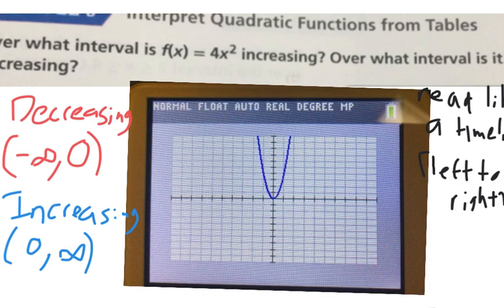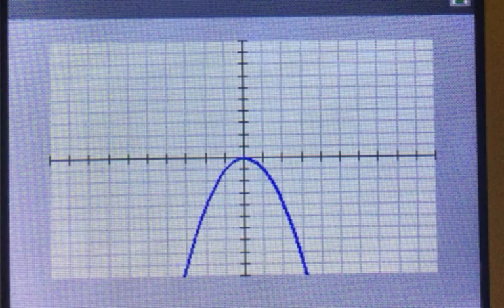This is going to be real confusing, but real simple. When I look at this graph, and I want to know where it is increasing and where it is decreasing, I'm just going to use I and D for short. Again, I have to read this like a timeline. So I'm going as far left as I can, all the way at negative infinity. When I first happen upon the graph, what is the graph doing? It's going up.